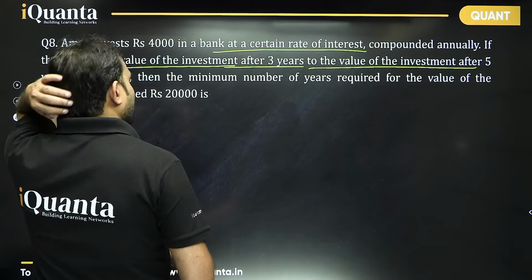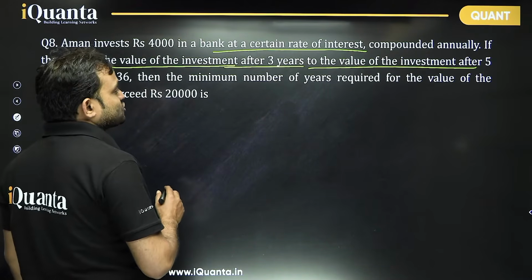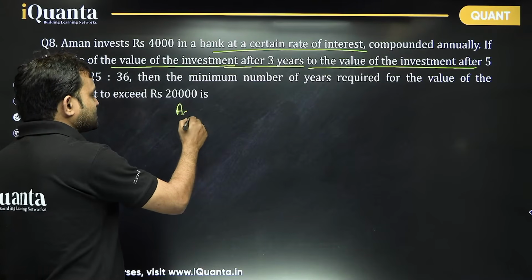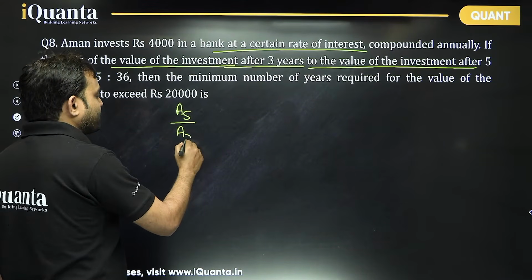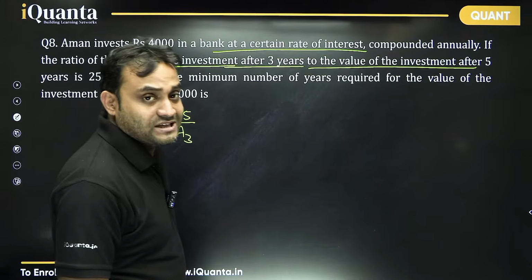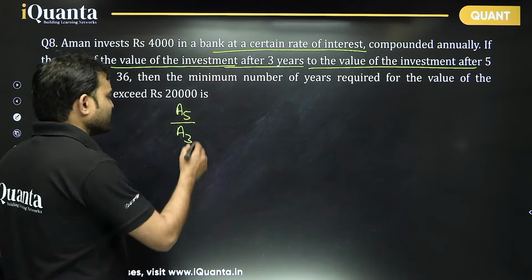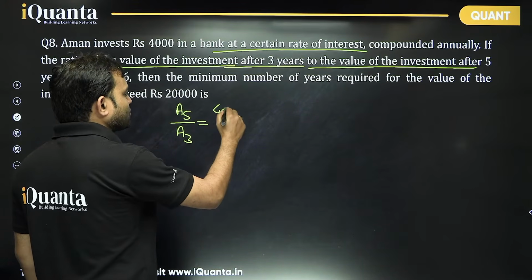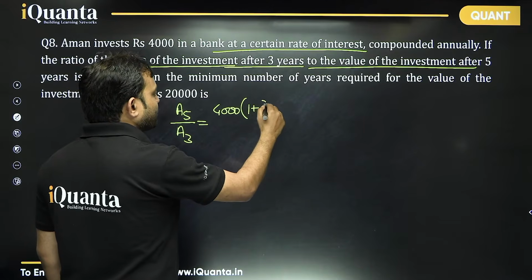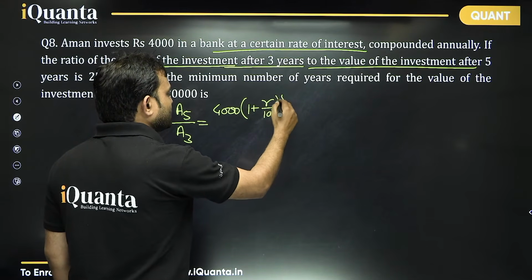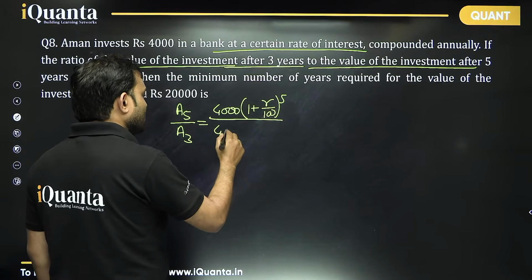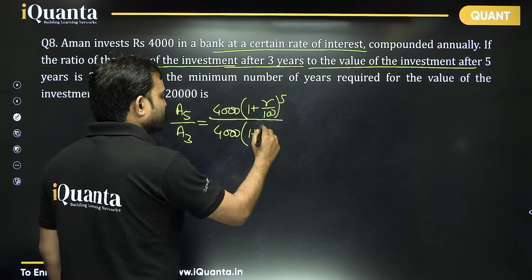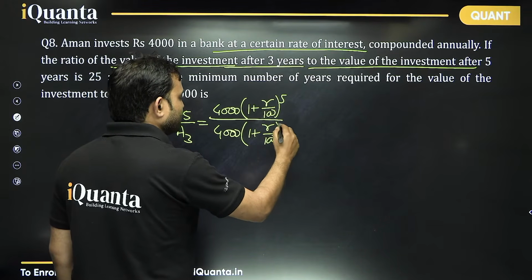So first, what we can say, the ratio of amount after 3 years and after 5 years is 25:36. So take just the opposite of that. Can I say this will be 4,000 into 1 plus r by 100 to the power 5 divided by 4,000 into 1 plus r by 100 to the power 3.